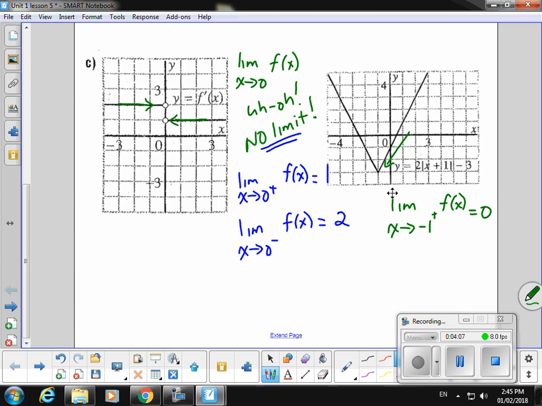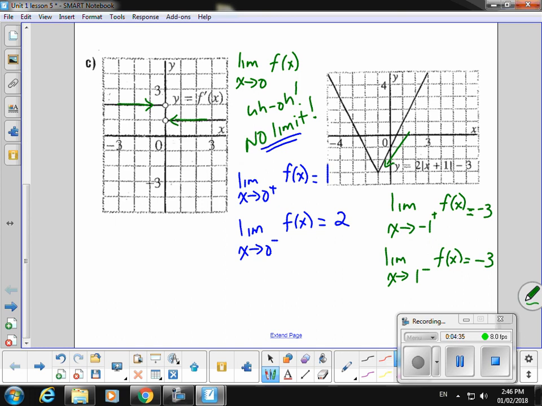As I approach from the left-hand side for the function, I am getting closer and, oh, I'm sorry, I just lied to you right there. I am getting closer and closer to a value of -3. And as I come from the left-hand side, I am getting closer and closer to a value of -3.